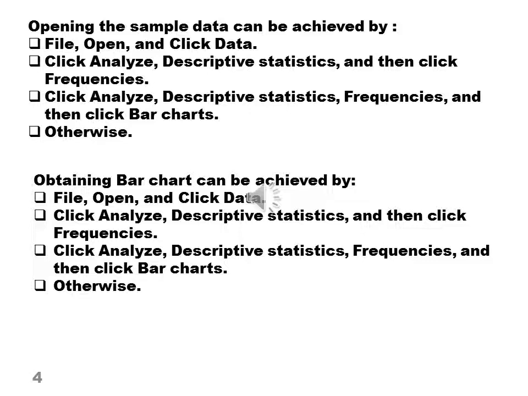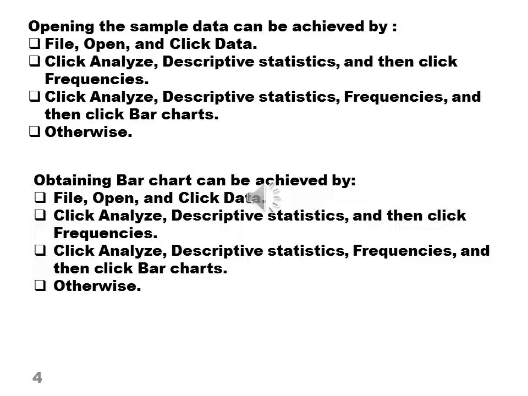Obtaining a bar chart: I want to draw a bar chart, or histogram, or pie chart, or box plot, any graph in statistics, about my entered data. How can I find the bar chart, pie chart, histogram or box plot?